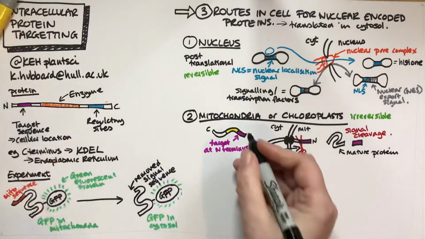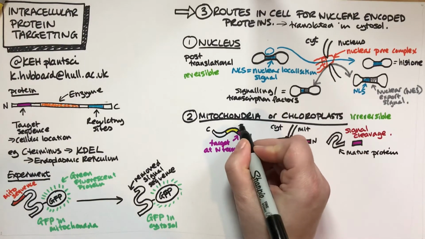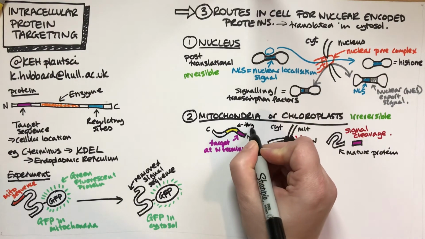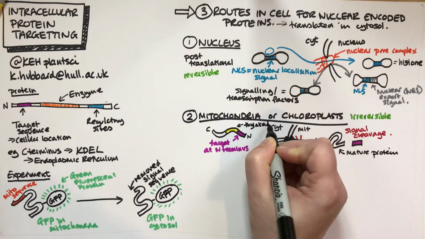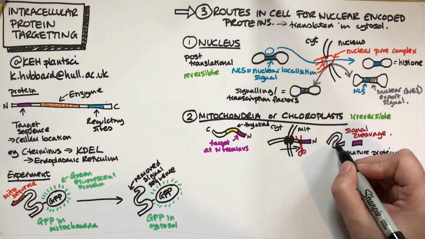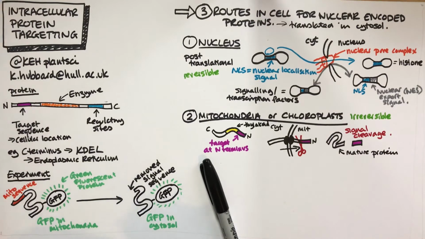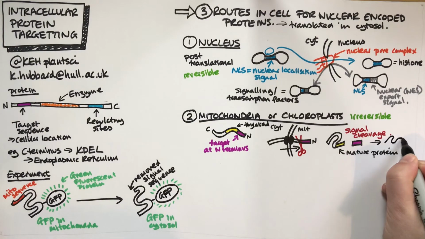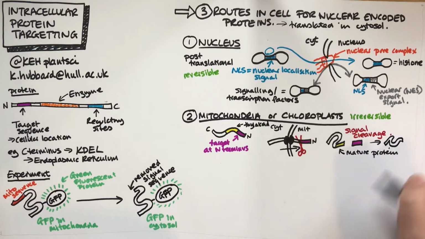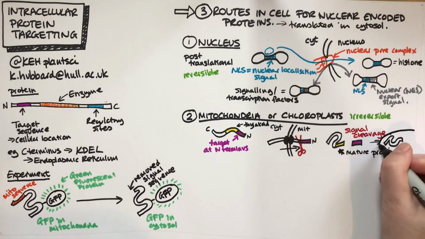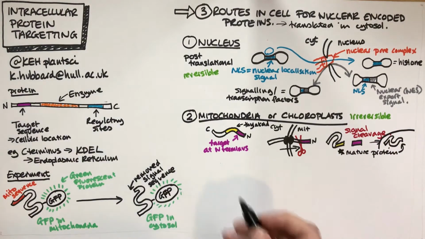And that second sequence might take you, if it's in a chloroplast, to the thylakoid, for example. That would also get cut off at the end. So when that's in its final position, we get our mature protein, which would now be the mature protein sitting inside another compartment.